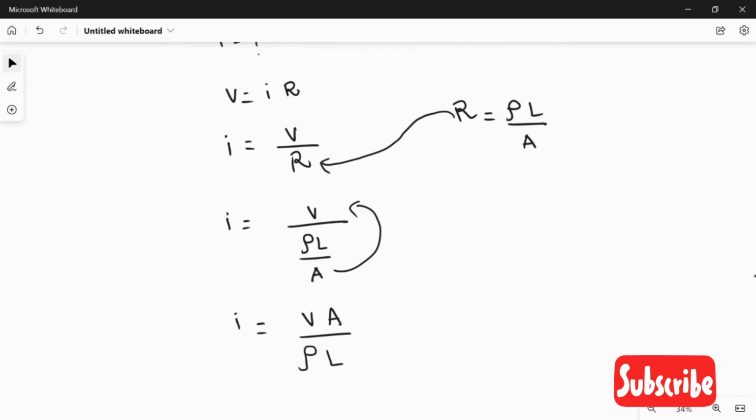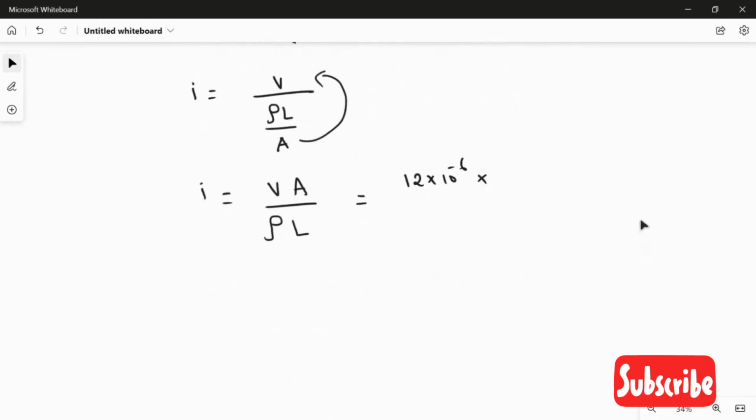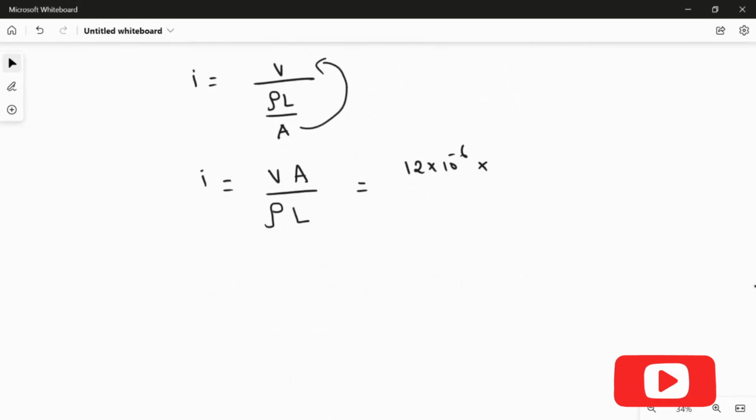Now I am going to substitute the values. The maximum potential is given, 12 microvolts, that means 12 multiplied by 10 power minus 6. And the area we found just before is 1.52 multiplied by 10 power minus 5.